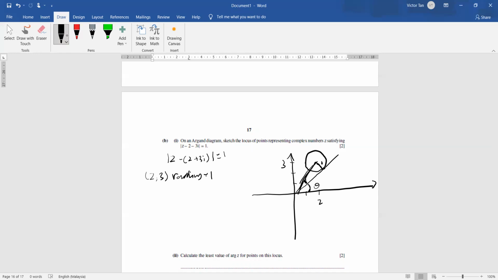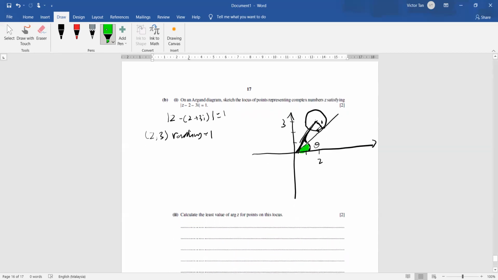This is a right angle. Sometimes you have to draw properly to really see how to solve it. So you want to find this angle here. Okay, so the argument of 2 plus 3i.